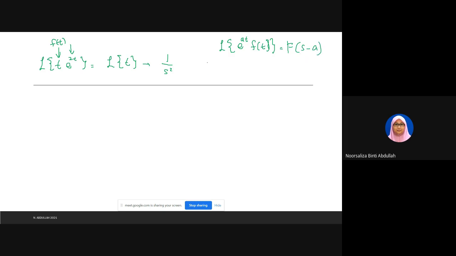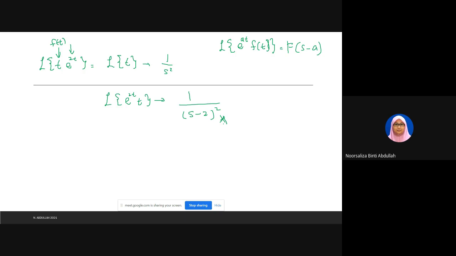Then the Laplace of e^(2t) t will be 1 over (s minus 2) squared. You can use any method because the answer is the same.